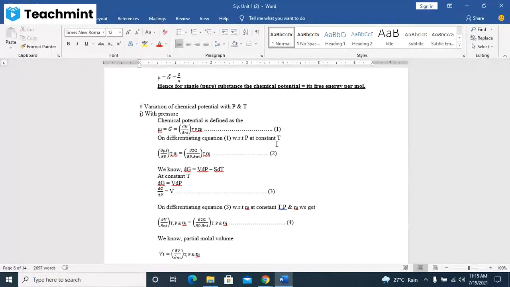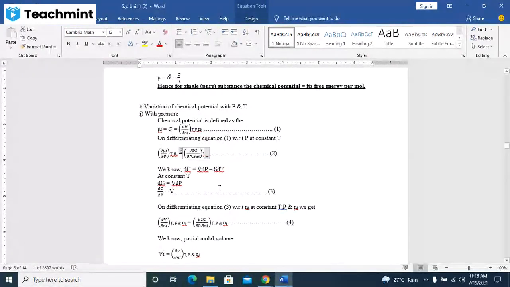See here, delta mu i upon delta P at T, Nj is equal to delta 2 G upon delta P into delta Ni at T, Nj. This is equation number 2. We know dG is equal to VdP minus SdT.